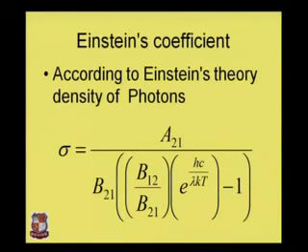So this is the equation according to Einstein's theory, the density of the photon derived by Einstein on the postulate of stimulated emission. Now Einstein had studied the Planck radiation formula.